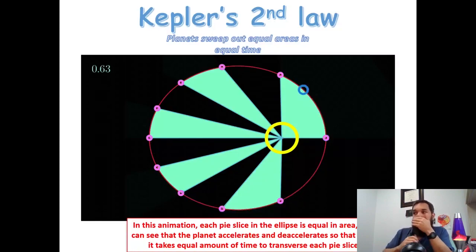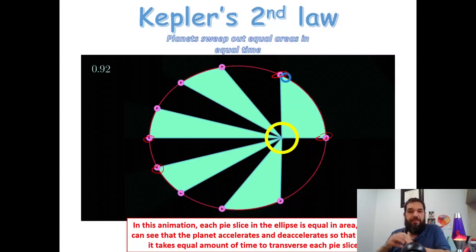You'll notice that as the blue circle moves around the red orbiting line, it's sweeping out those equal pie slices in the same amount of time. And you'll notice that sometimes these things are really far away from each other, and other times they're really close, like right here and right here.